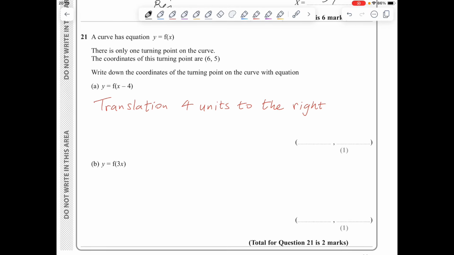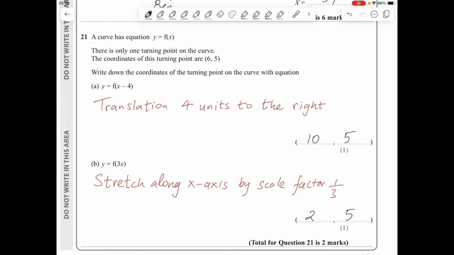Hence, I will add 4 to the x-coordinate, it will become 10, and the y-coordinate will stay the same. And for part B, f of 3x, this is a stretch along the x-axis by a scale factor of 1 over 3. So this time I'm going to divide the x-coordinate by 3, so 6 divided by 3 is 2, and again the y-coordinate will stay the same.